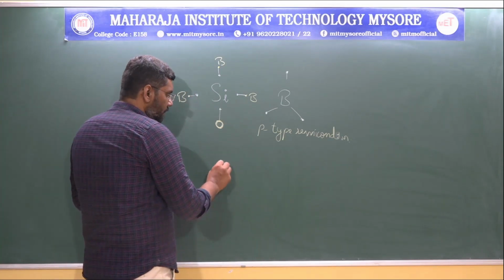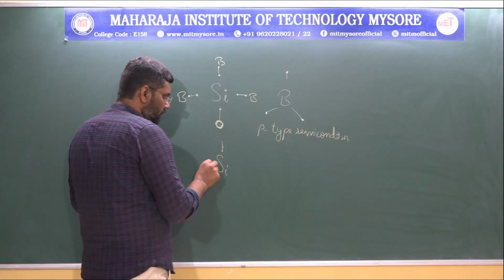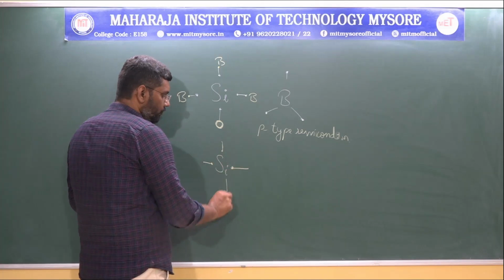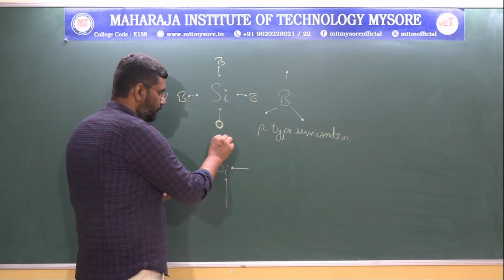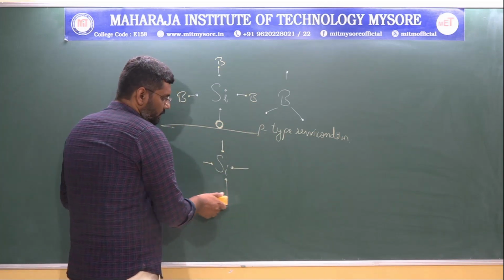Next, the same silicon, as I told you, is tetravalent, which has the ability to form 4 bonds with other atoms.